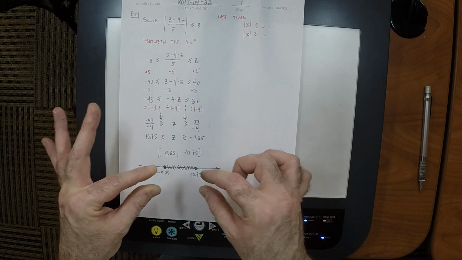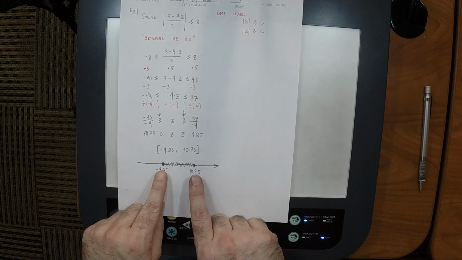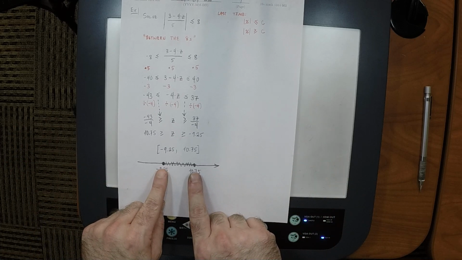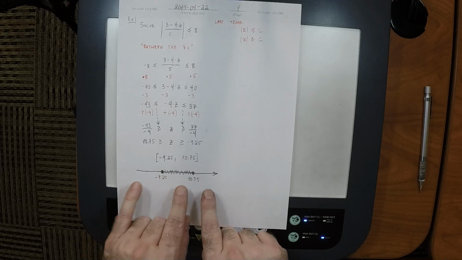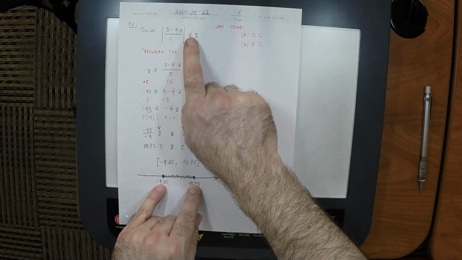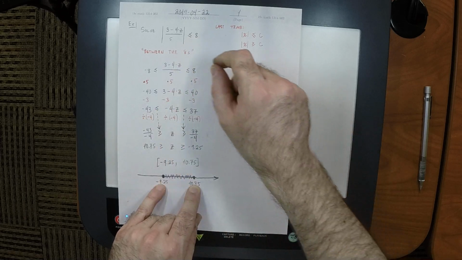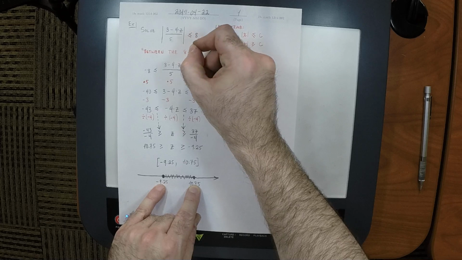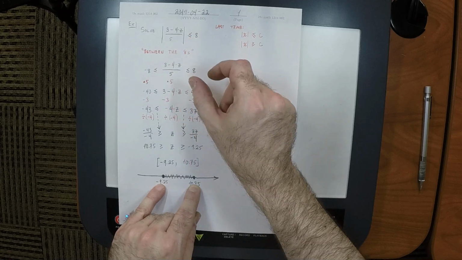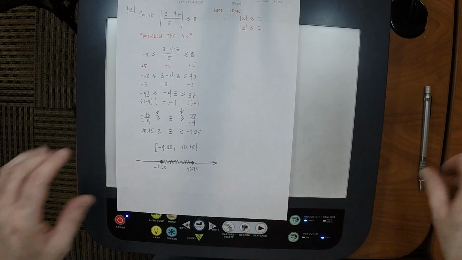How could we edit the exercise so that that would be the answer? You flip the signs, the greater than or equal to. Yeah, we'd flip that. If we went back in time and instead of me writing less or equal, I wrote greater or equal, then it would be the other way around, right?